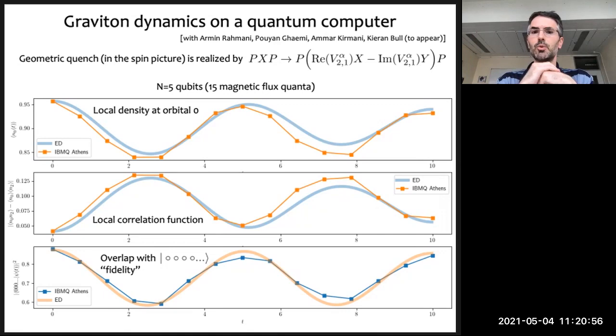In the spin chain model, it basically amounts to doing a Bogoliubov rotation on this X operator dependent on this anisotropy parameter. Okay, so that's what happens with a quench in this language. When we do this on a quantum computer, these are examples for 5 qubits on IBM. So that's about 15 flux quanta. We calculate here 3 things.